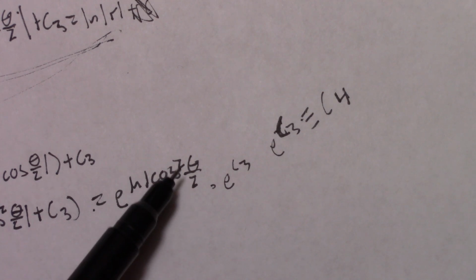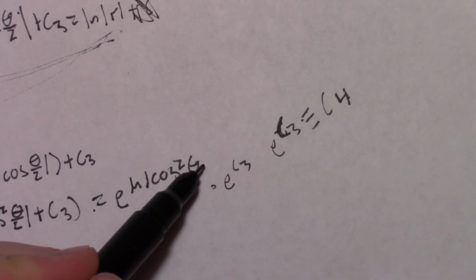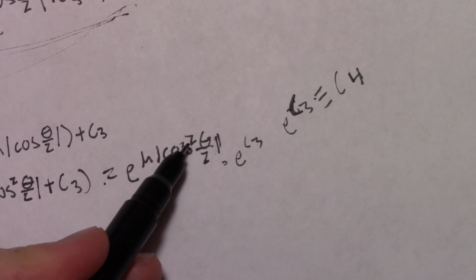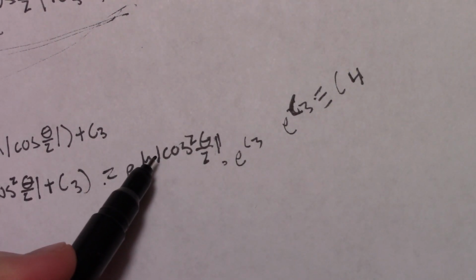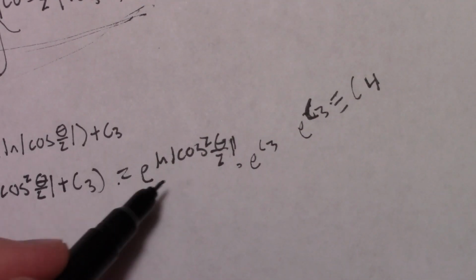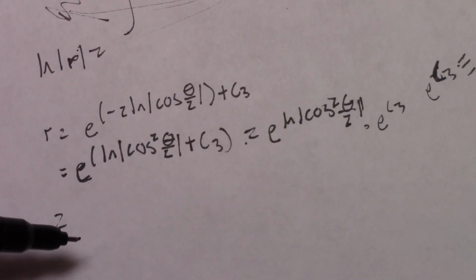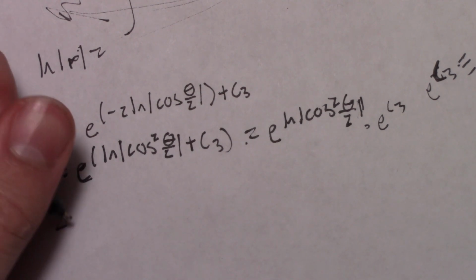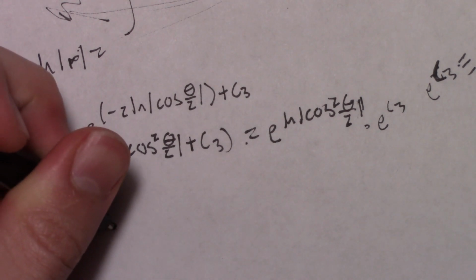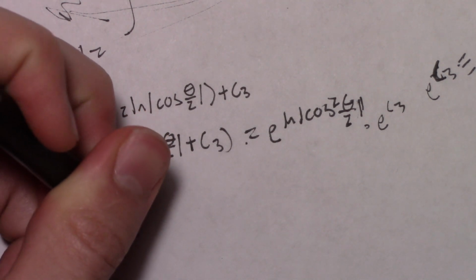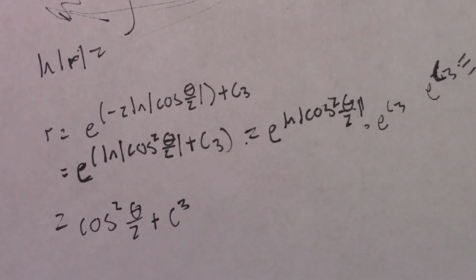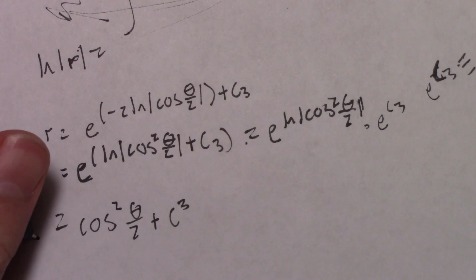Then over here the e and ln cancel out. The squared on the cosine also makes it so that the absolute value is redundant, so I can ignore that. Equals cos squared theta over 2 times C3. r equals that.